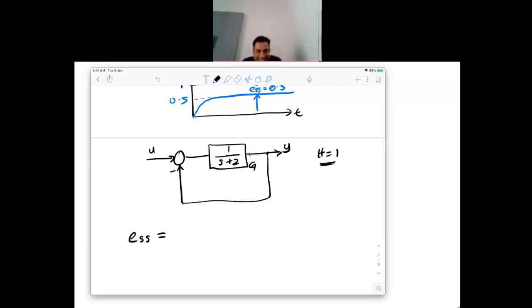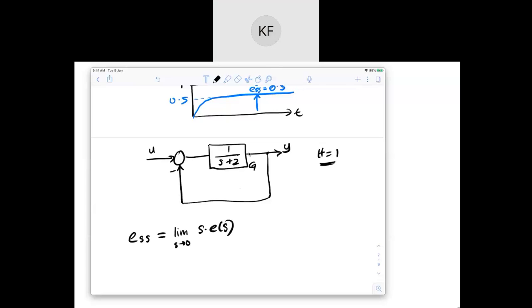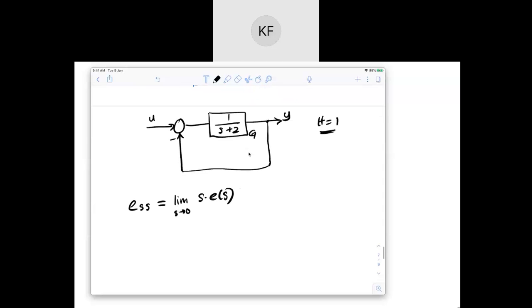Okay. So if you remember just now, ESS is the limit as S goes to 0 of S times ES. Now the ES is no longer similar to before. Now the ES is for the closed loop system, so I have to change the equation for my ES.